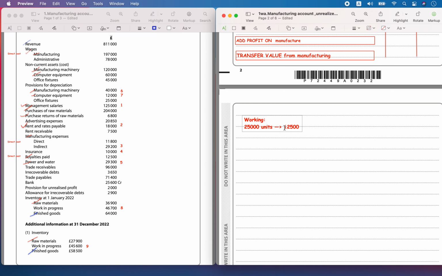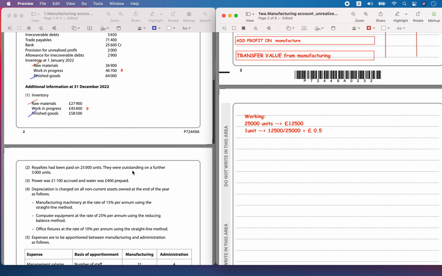So let's calculate what the cost for 1 unit is. The cost of 1 unit will be equal to 12,500 divided by 25,000, that is equal to 0.5 pounds. This is the cost of 1 unit.